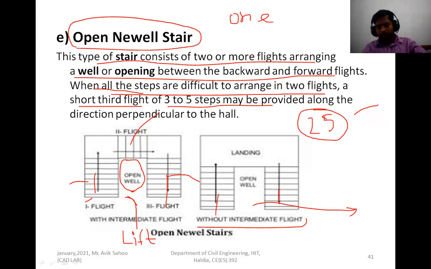Such a staircase is basically used in a G+4 building or public building. Such an open well staircase is used where the middle space between the stairs is utilized and the lift is installed, in the space left between the forward and backward flight.